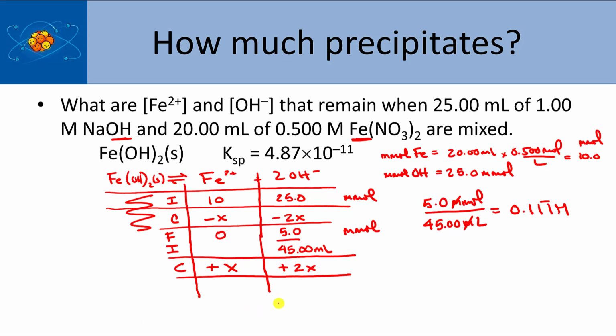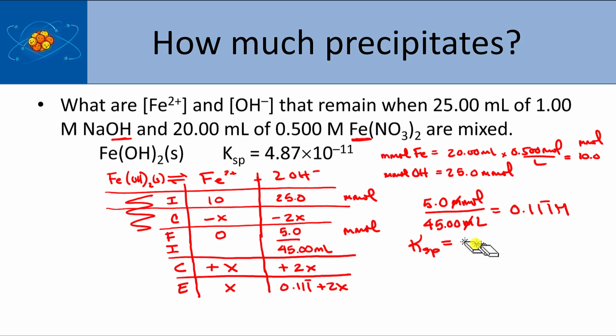So this is going to be X. This is going to be equilibrium now. And this is going to be 0.111, plus 2X, like this. And so now Ksp is equal to, what is it?